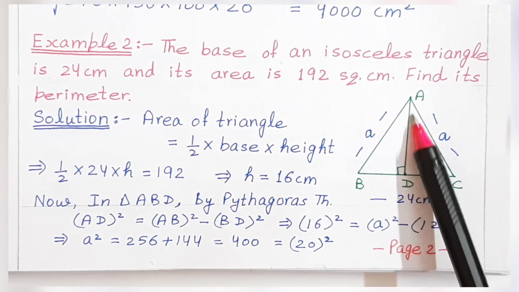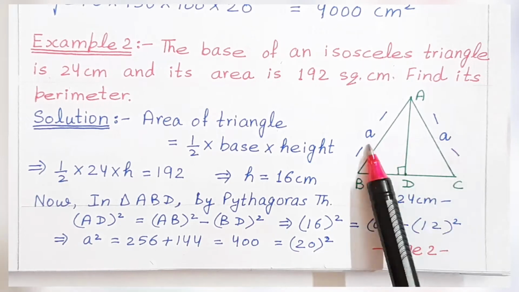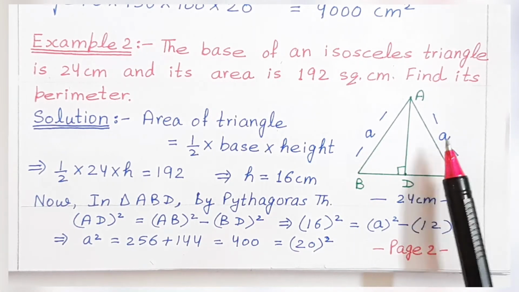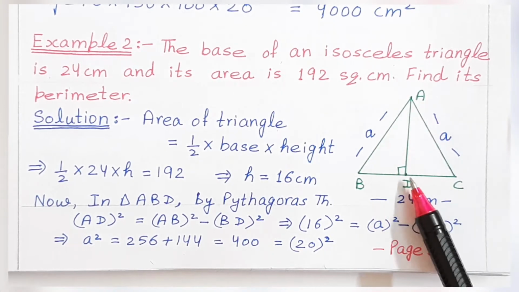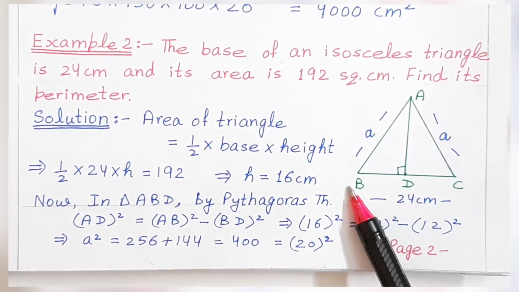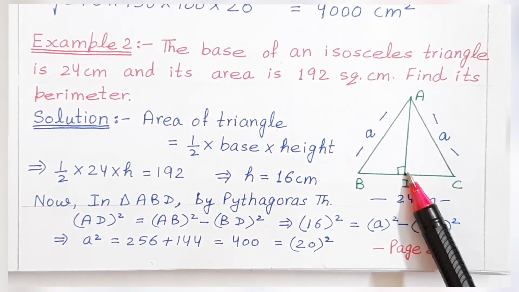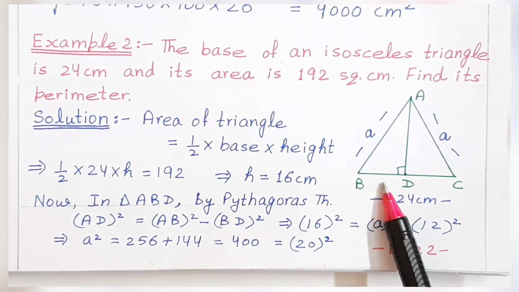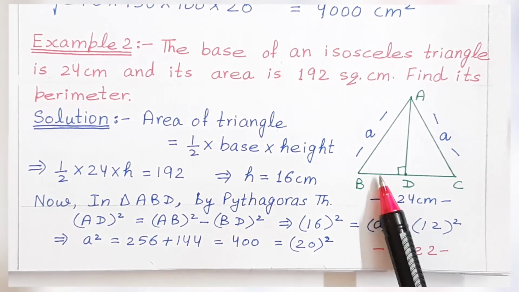Now with the help of this height, let us find the other two sides. So we can see that now triangle ADB is a right angled triangle where AD is 16 centimeter and BD will be just half of 24 centimeter, that is 12.